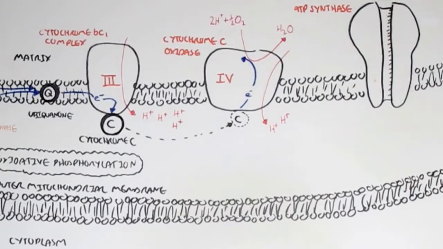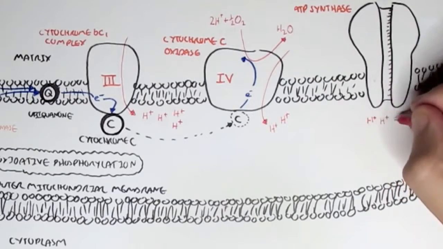Now, because we've accumulated all these hydrogen ions from either NADH or FADH2, we have all these hydrogen ions being pumped from the complexes into the intermembrane space. And so what do we do with these hydrogen ions? Well, we will pass them through the ATP synthase.